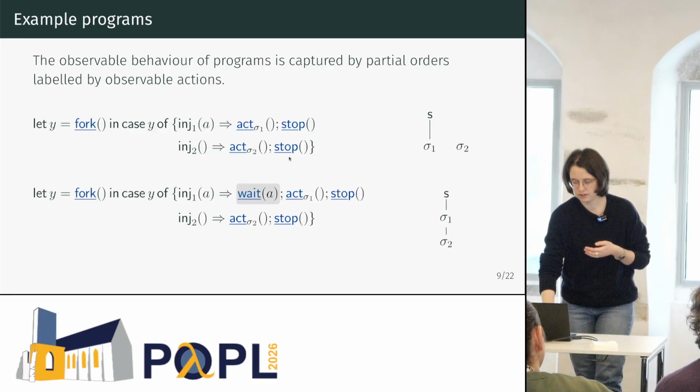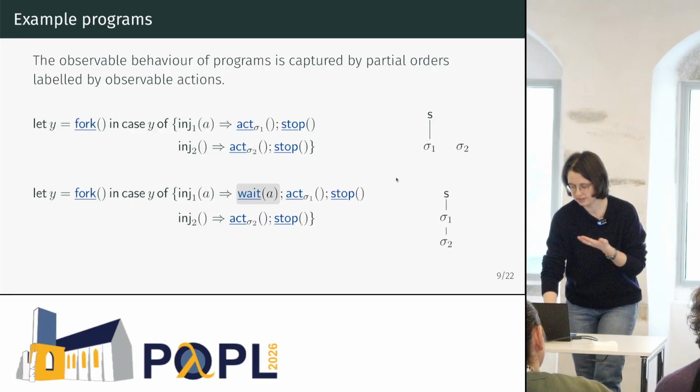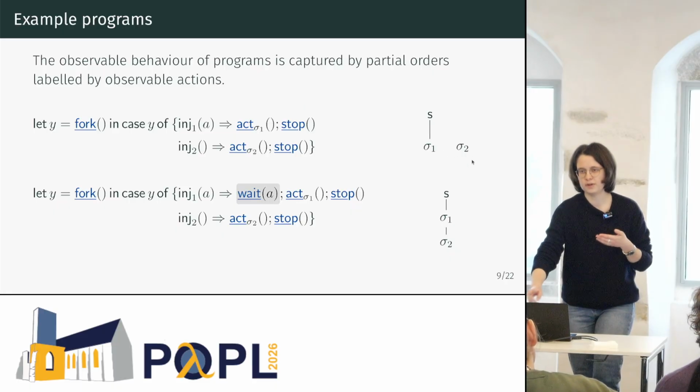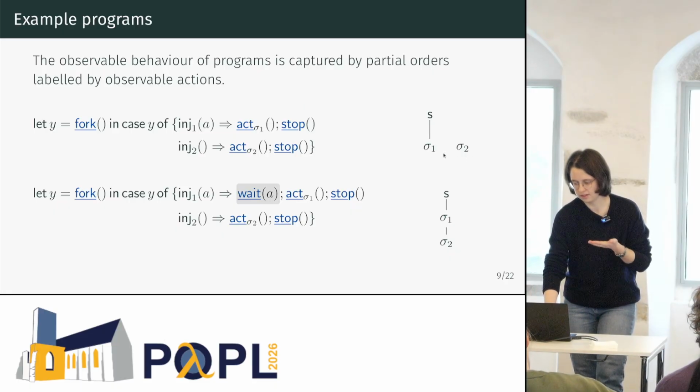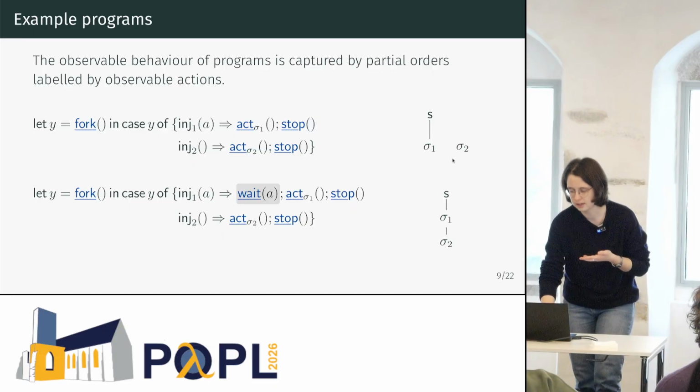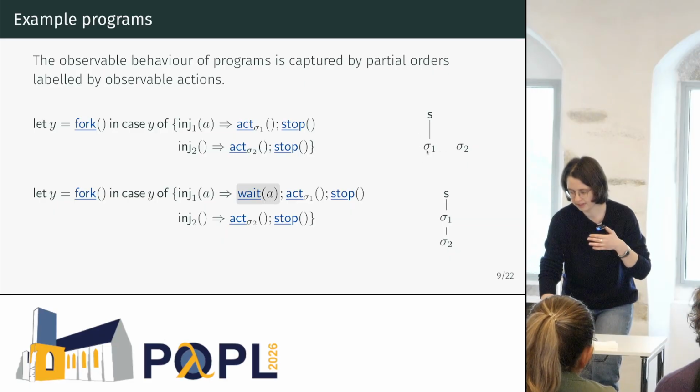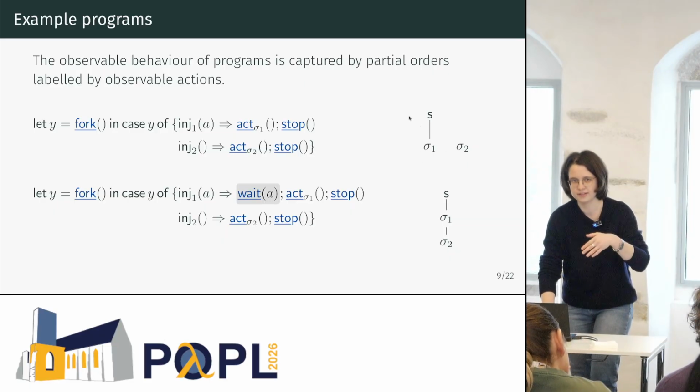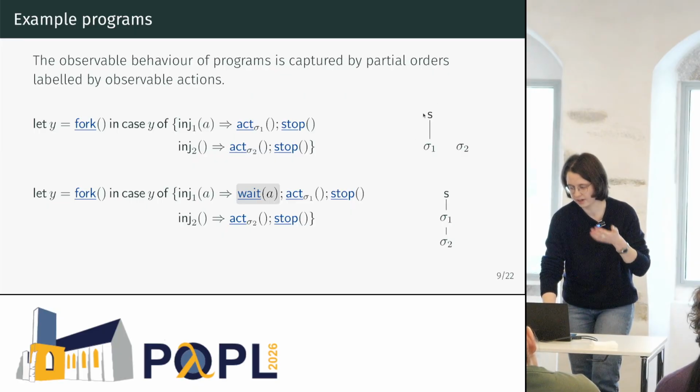And there is no dependency between these 2 actions. So in the POM set representation, sigma 1 and sigma 2 are not connected. But then, because sigma 1 is happening on the main thread, the parent, then it's connected to this special label S, which just signifies the main thread.